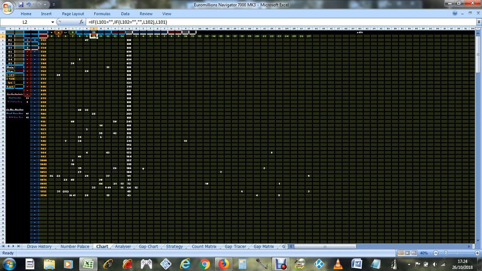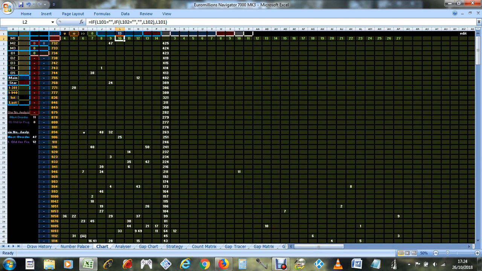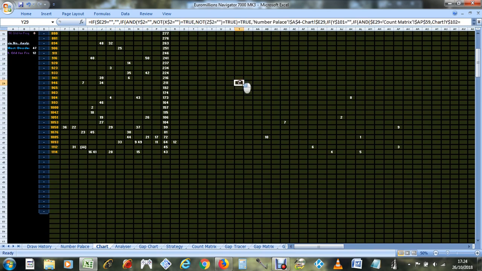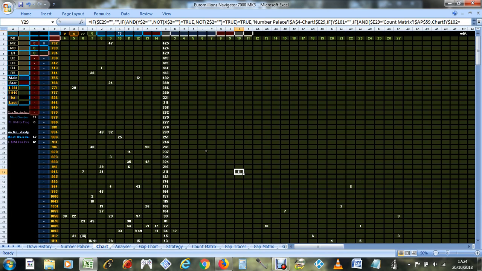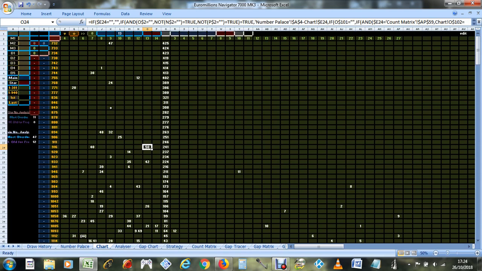So on the chart for 13, star number 11 stands out as most overdue, and we've got 47, 12, I noticed 50s on the edge of the chart, then we've got 17 and 11 most frequent.